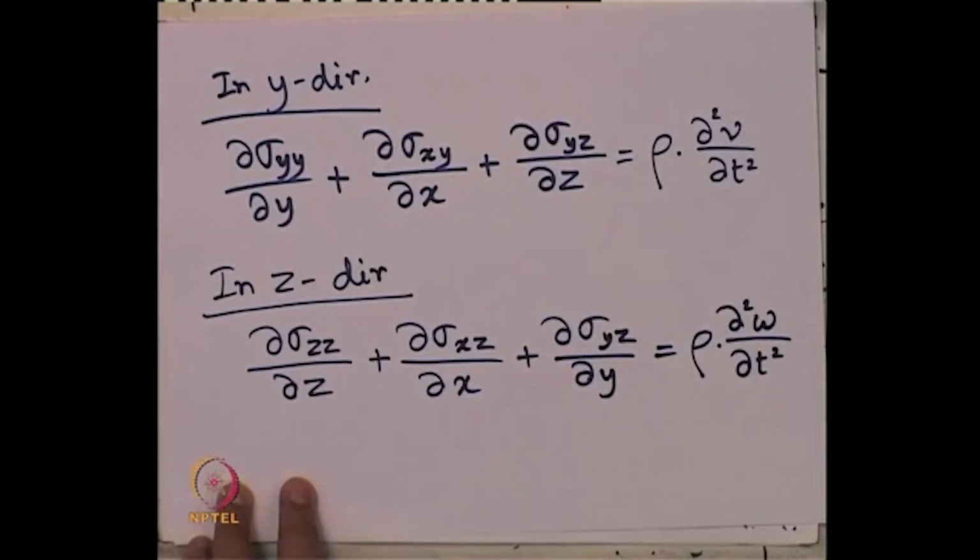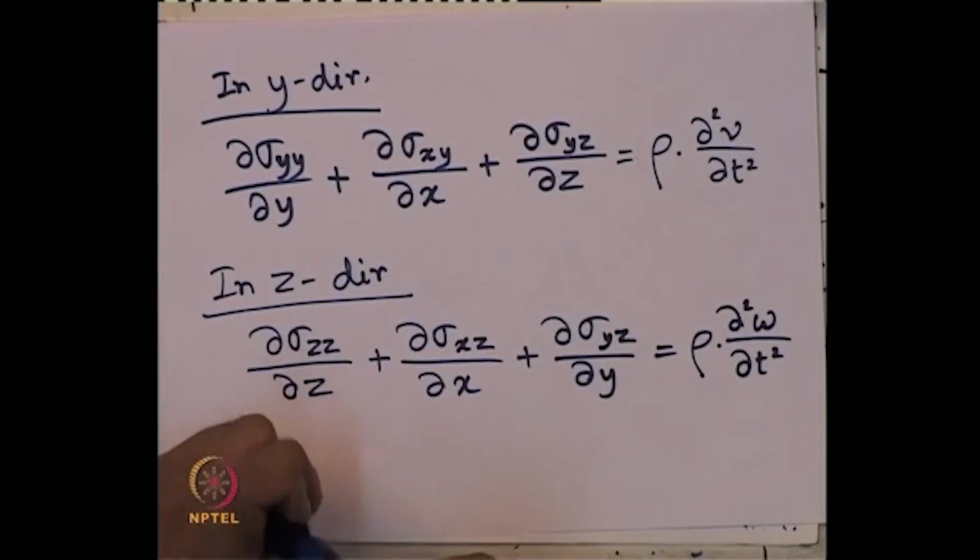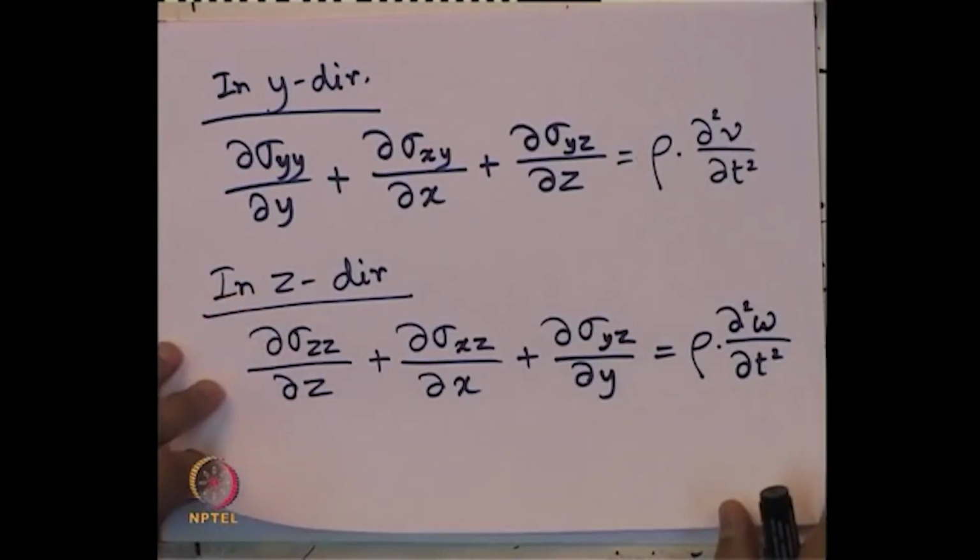So, these are the 3 governing equations of motion, which we will get after solving this 3-dimensional wave equation in the solid, which is shown over here.